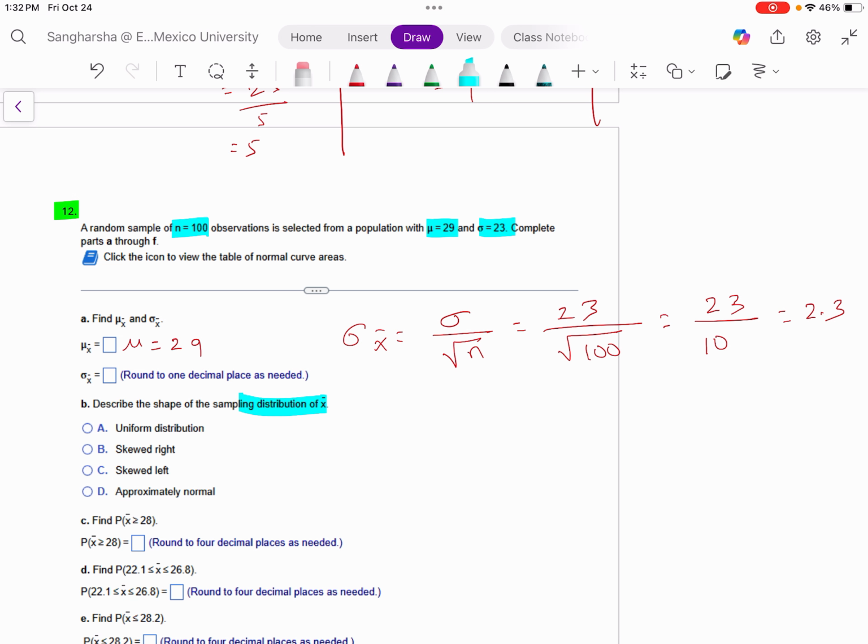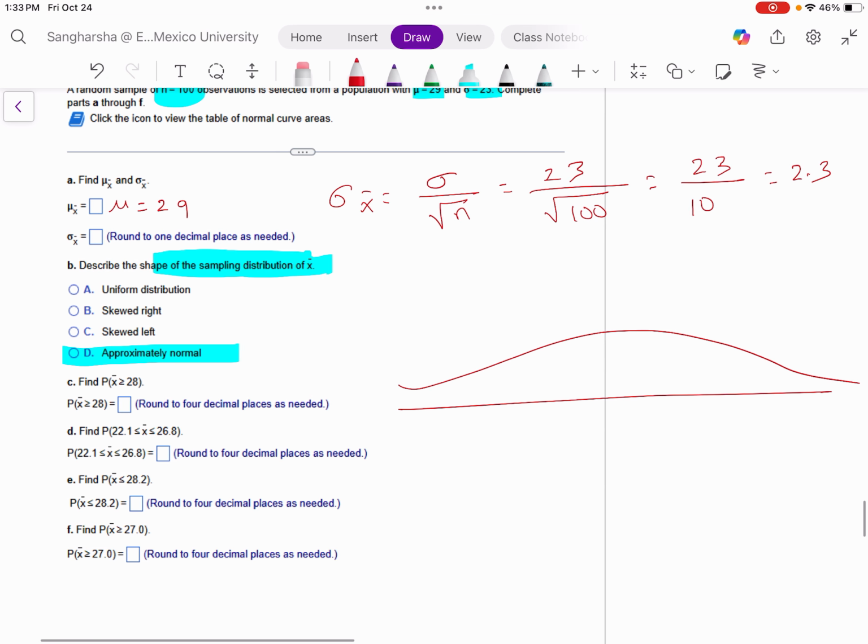When we have a sufficiently large sample size, the shape of the sampling distribution of x bar is always approximately normal. Now, since our sampling distribution of x bar is normal, to find C, D, E, F, we use a normal distribution, so we need a bell-shaped curve.